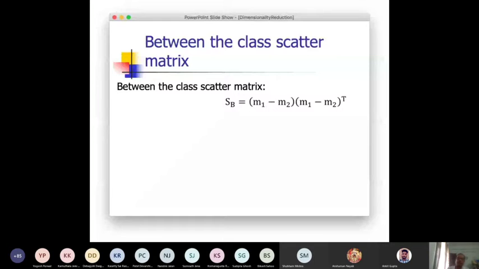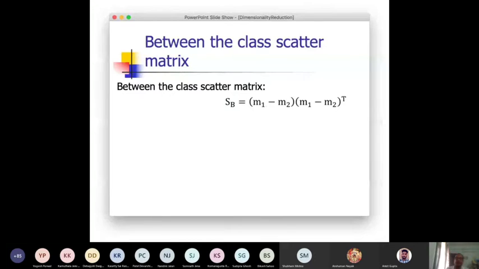So what should be the dimension of SB? This matrix. D cross 1. You're saying D cross 1? Okay, let us see.